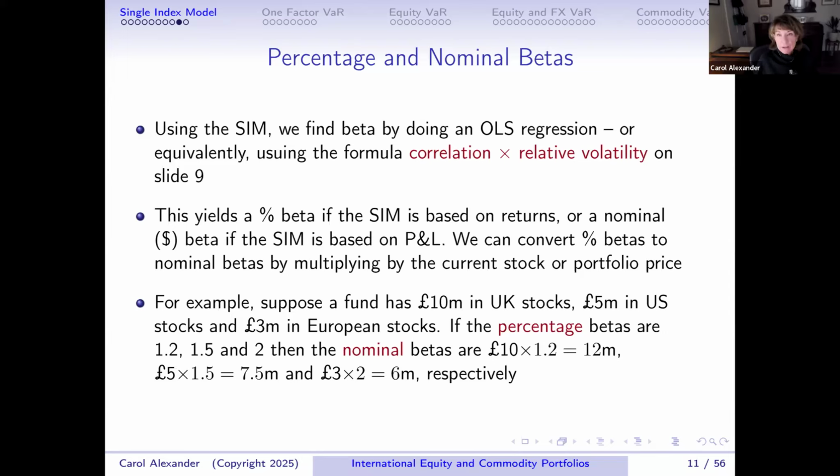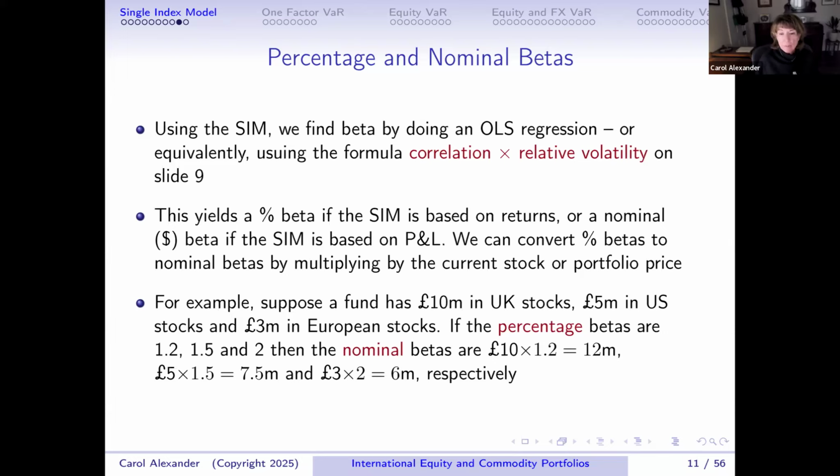So, for example, a fund's got 10 million in UK stocks, 5 million in US stocks, and 3 million in European stocks. And suppose the percentage betas for each of those, so relative to, say, the FTSE 100, the beta is 1.2. Relative to the S&P 500, the beta is 1.5, and relative to the Euro Stoxx 50, the beta is 2. So those are the percentage betas. And nominal betas, you have to multiply the amount the fund invests in those markets.